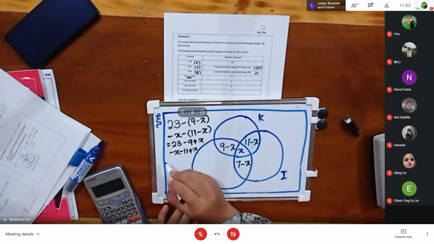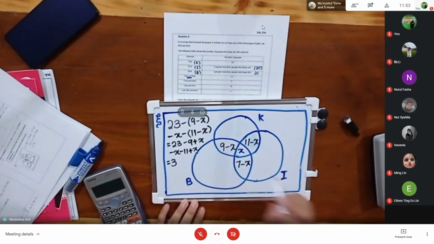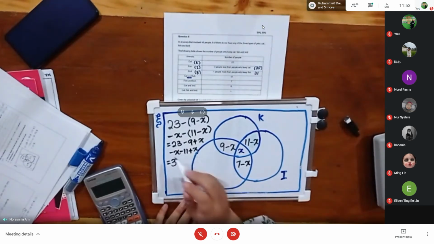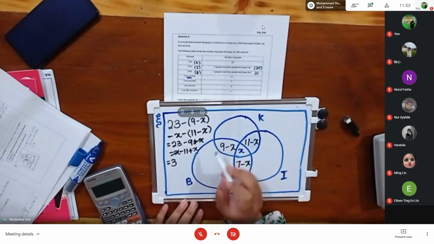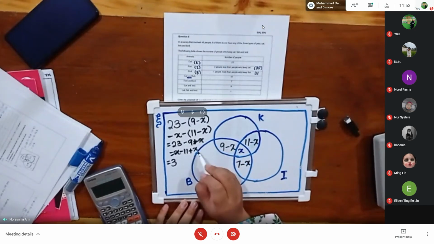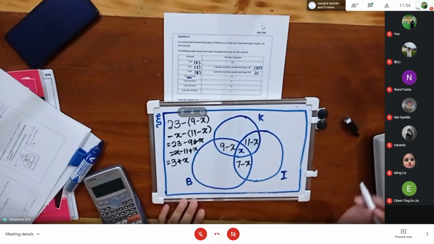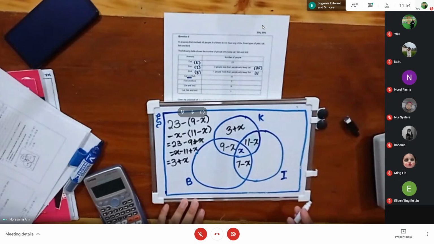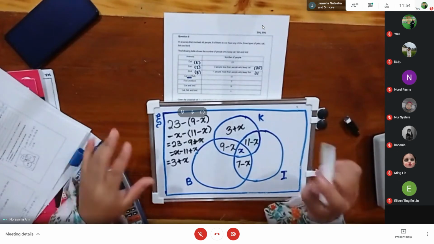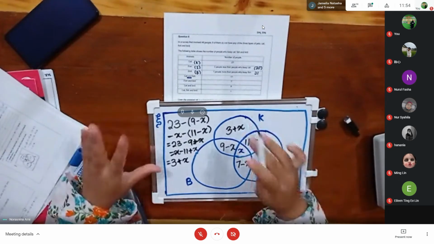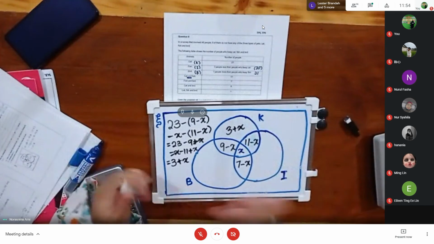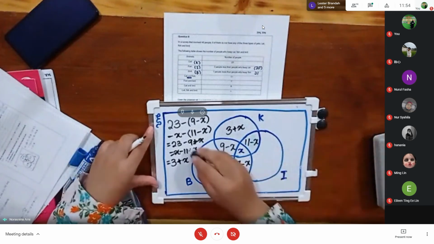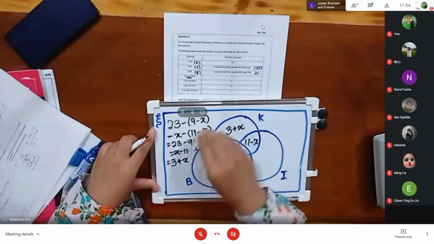We will get 3. For plus X minus X plus X, we cancel out and are left with plus X only, so 3 plus X. This part will be 3 plus X. The number of people who like cats only is 3 plus X. We don't know the value for X yet.